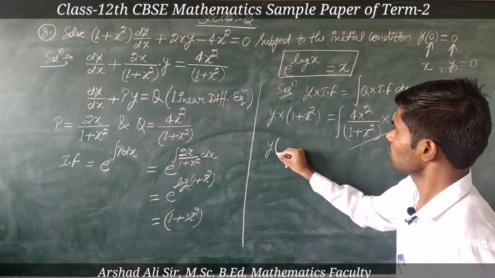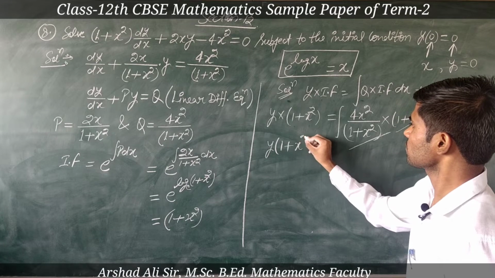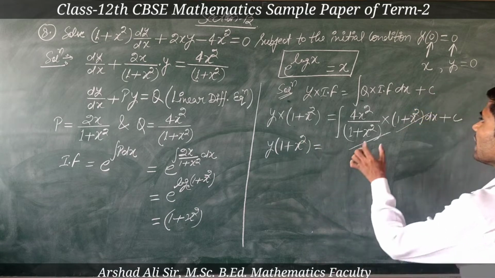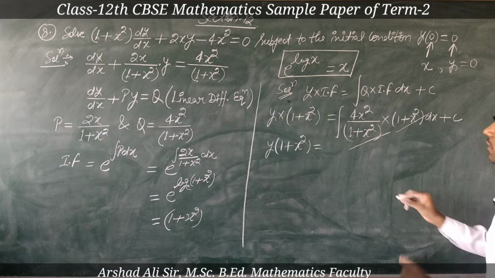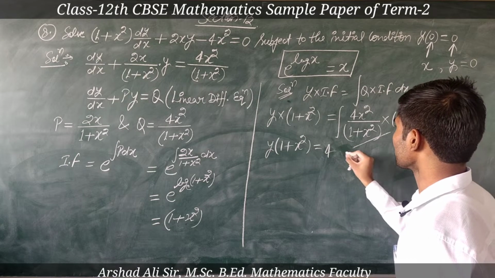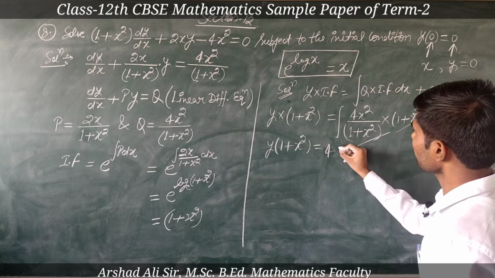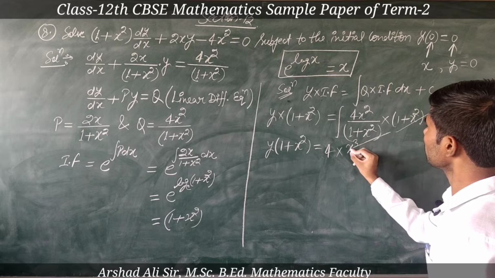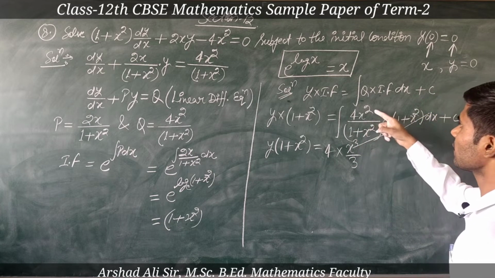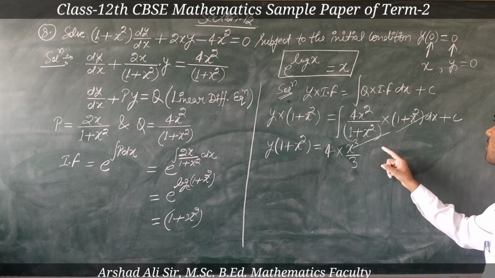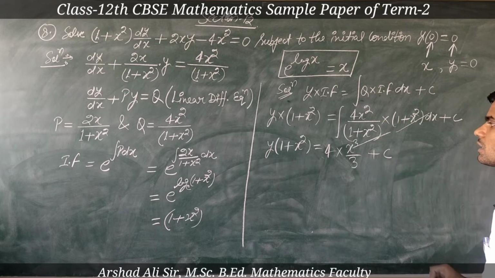Here we get y times 1 plus x square is equal to the integration of 4x square. 4 will be out of the integration and we have x square. Integration of x square will be x cube upon 3, using x to the power n plus 1 upon n plus 1, plus c, where c is any constant.